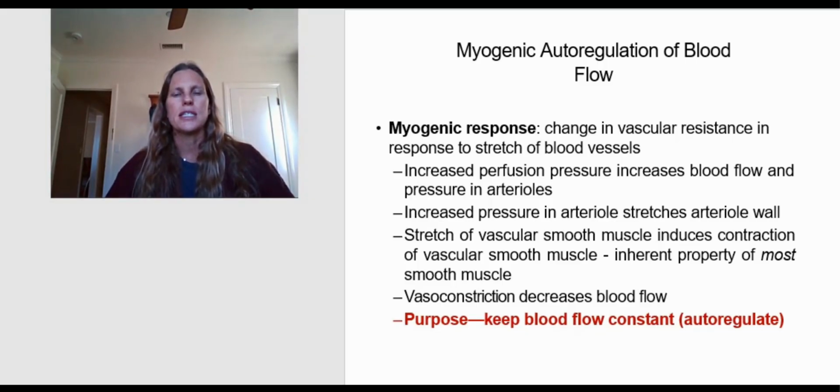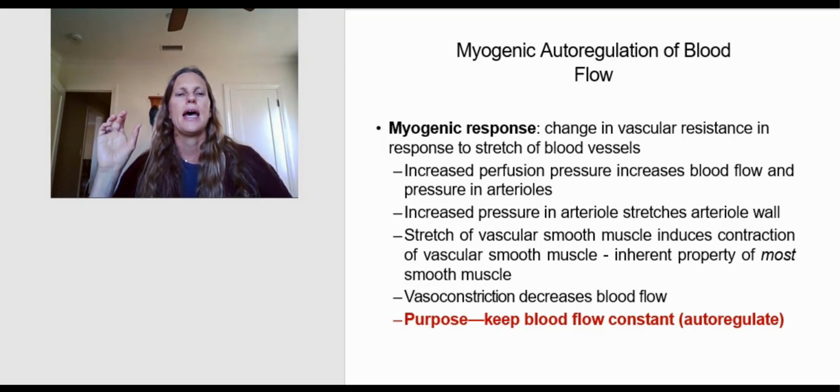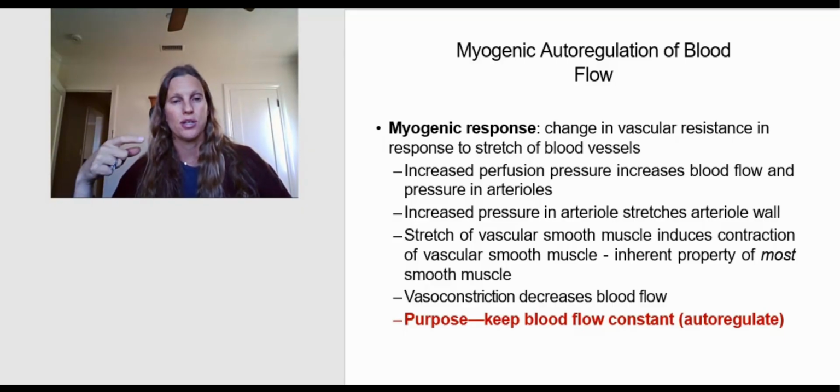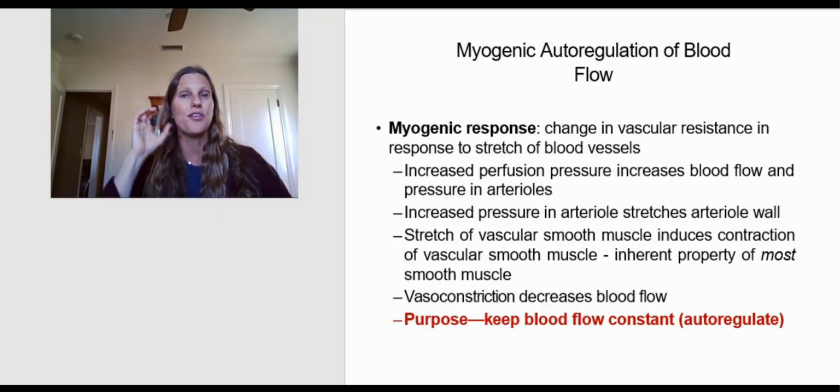And then there's this type of control called myogenic autoregulation, and all this is about is how the vascular smooth muscle responds to changes in arterial pressure. If the pressure in the vessels changes, another way to control it is myogenically.